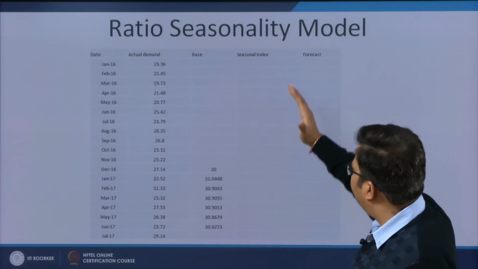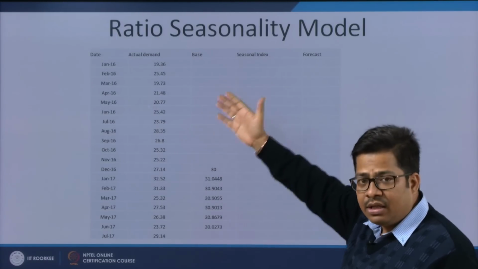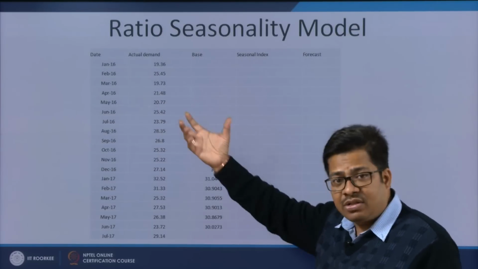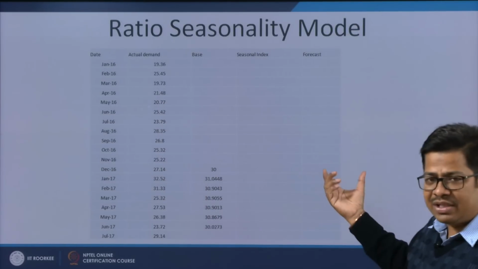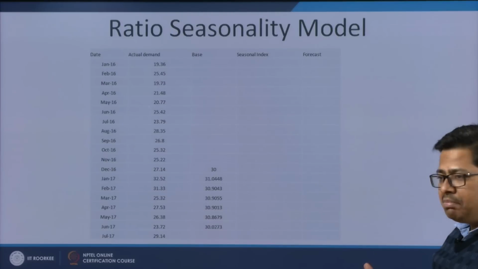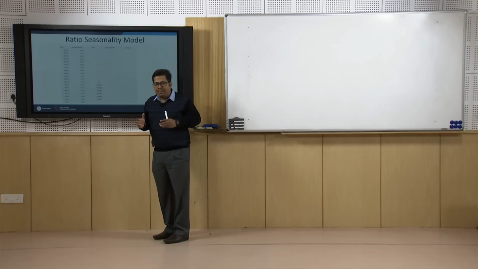If I continuously over forecast, my demand is always less than the forecasted value, or vice versa, demand is always more than the forecasted value. In both these cases I will say that my forecasting model has some kind of bias. Either I am regularly over forecasting or I am regularly under forecasting.